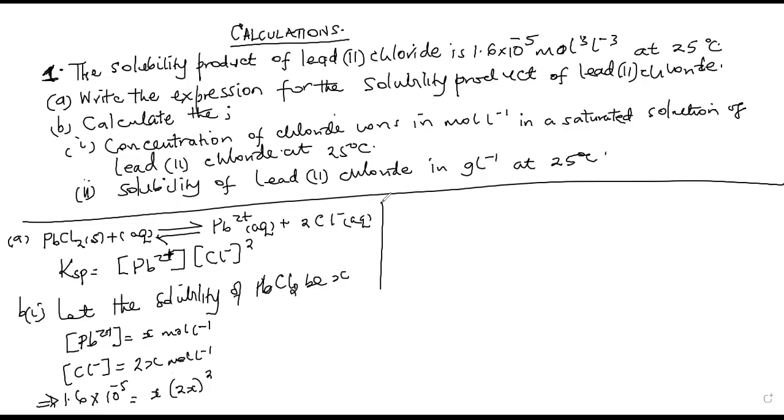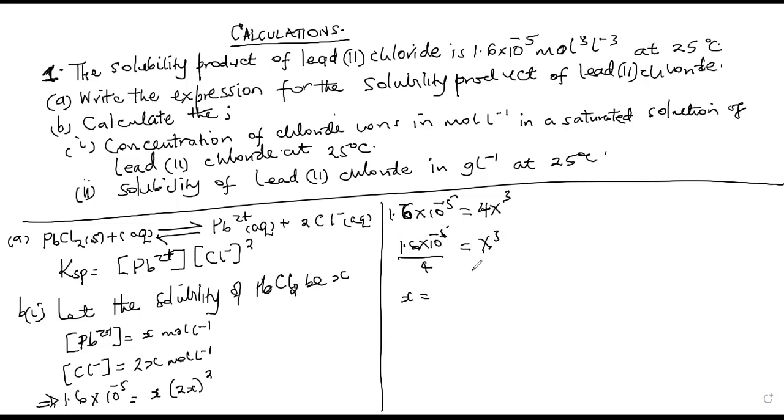Looking at all this, you have 1.6 × 10^-5 equal to 4x² times x, that is 4x³. So you divide by 4, and 1.6 × 10^-5 over 4 equals x³. You take the cube root of both sides to get the value of x.